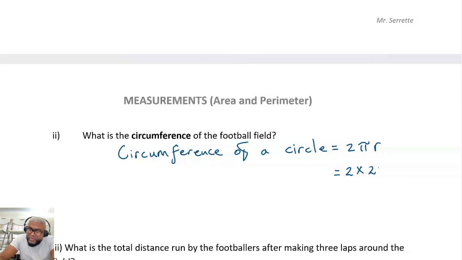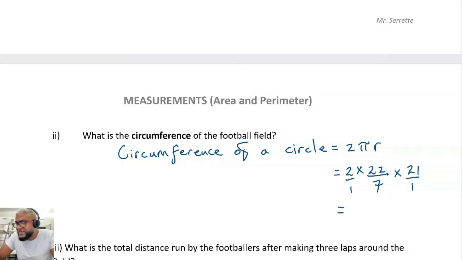Right, so it'd be 2 multiplied by 22/7 multiplied by what is the radius, Michaela? What's the radius? Dominic, help out. The radius is 21. Excellent, Dominic. So it'll be 21, right?